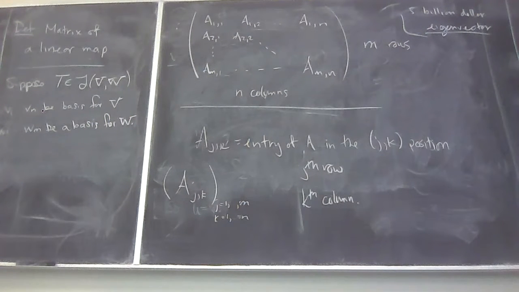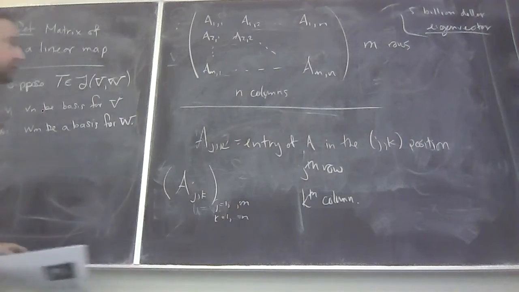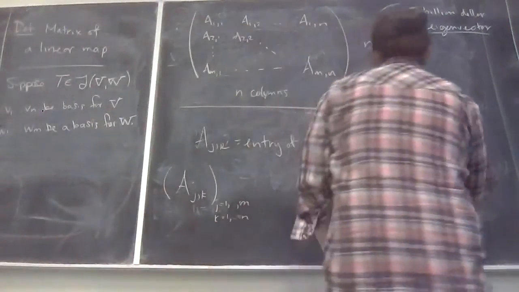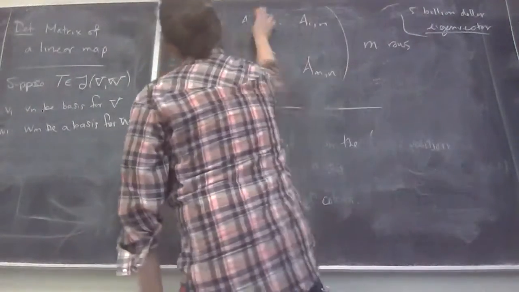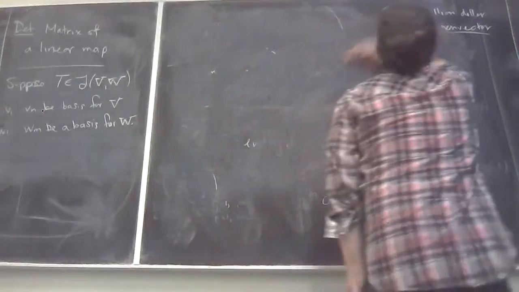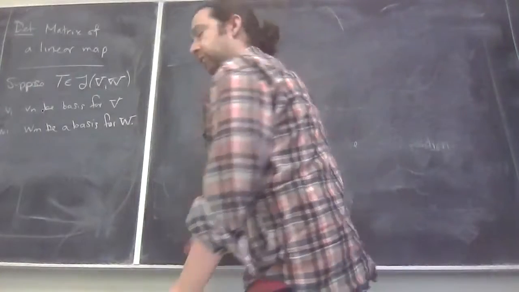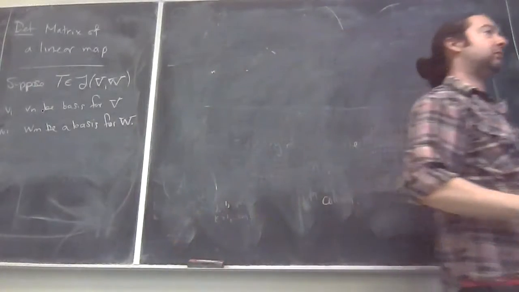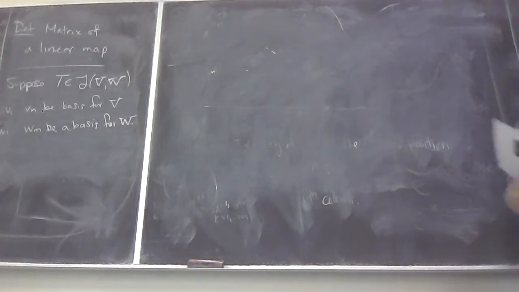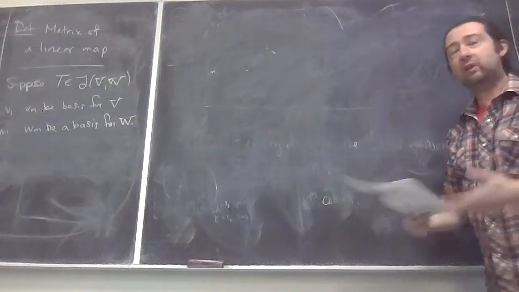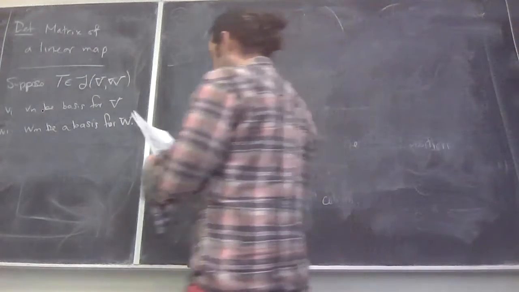The way we're going to define the entries of a matrix is we're going to keep track of what T does to each basis element. This may be a fact that you remember from your 206 class, where you computed what a linear map did by looking at what it did to a basis. Essentially what we're recreating right now.